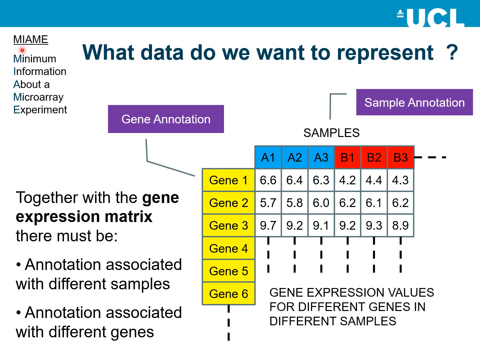One of the first standards was MIAME, which stands for Minimum Information About a Microarray Experiment. This was quite novel at the time: you actually need to define what information needs to be stored about any particular experiment. Up to then, we had lots of different papers about microarrays where they were giving different information.